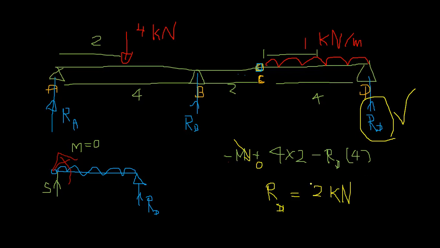So the second way, right? Yes, we need to first determine the other reactions as well. So we already know RA plus RB plus RD is equal to total load, right? So total load is 1 into 4 plus 4.